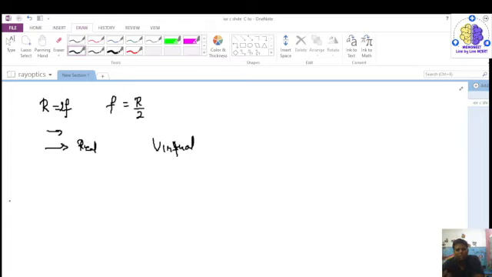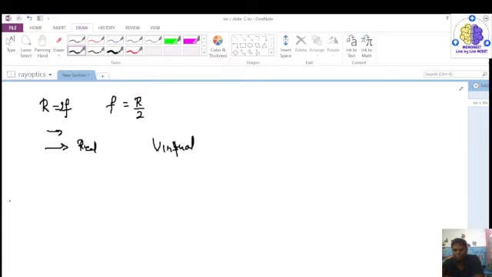It is being produced by us, and we try to meet them at a point. So when they meet at a point somewhere backward, that is the point where the image is formed, or it appears to be formed, and that image is known as the virtual image, right?